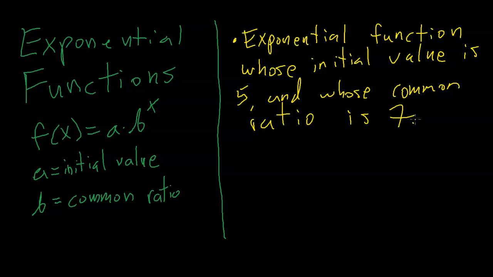Well, this is pretty easy to write. We're just going to plug it right on into our formula, right? F of x equals a times b to the x power, or the initial value times the common ratio to the x power. Just that simple.